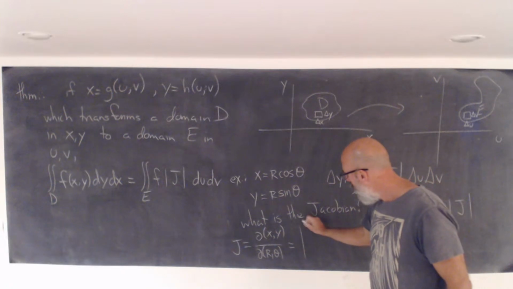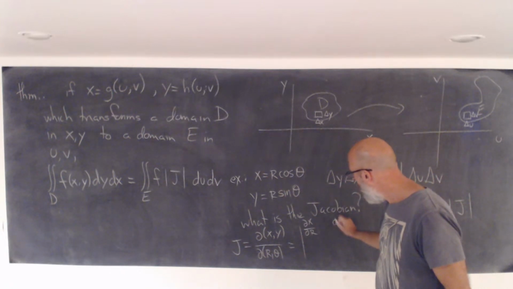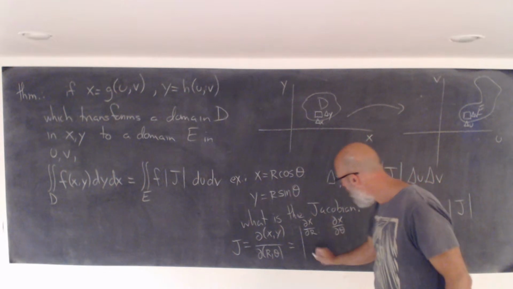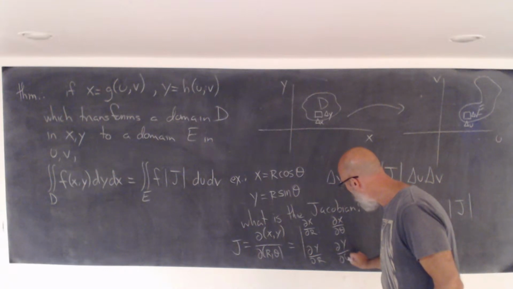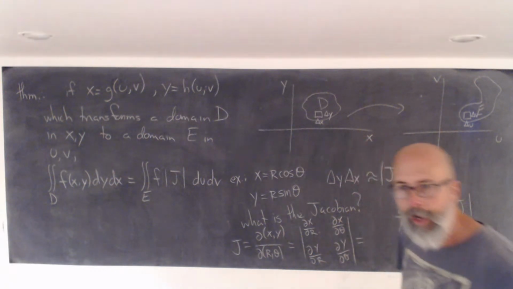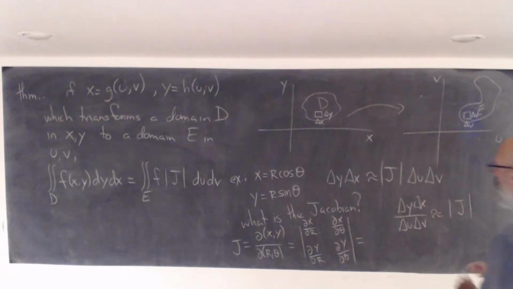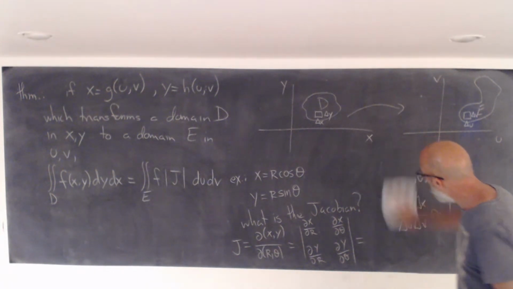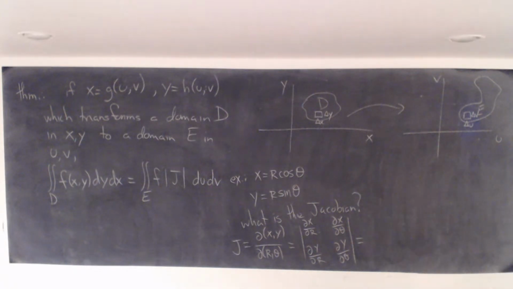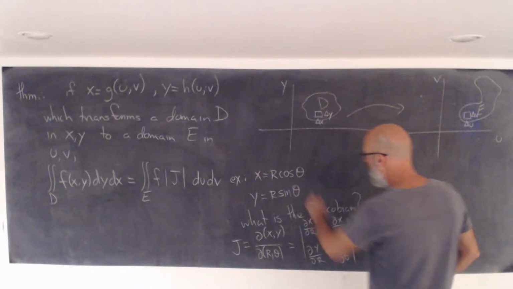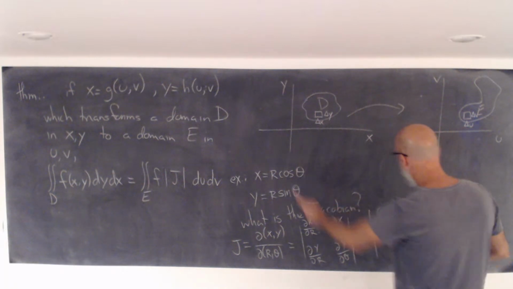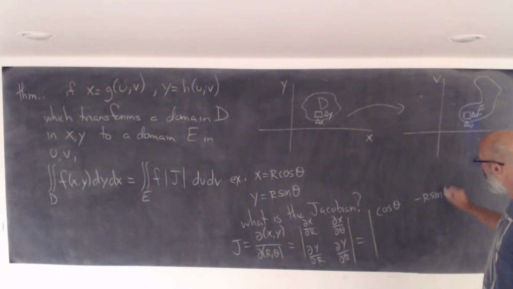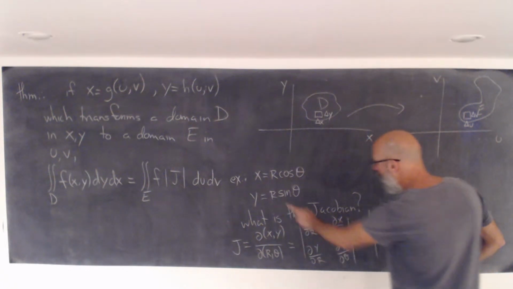What is this? dx dr, dx d theta, dy dr, dy d theta. Let's work it out. dx dr is cos. dx d theta is minus r sine. dy dr is sine.